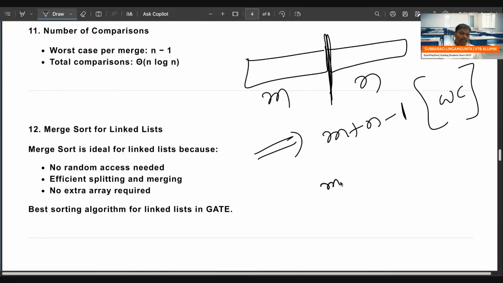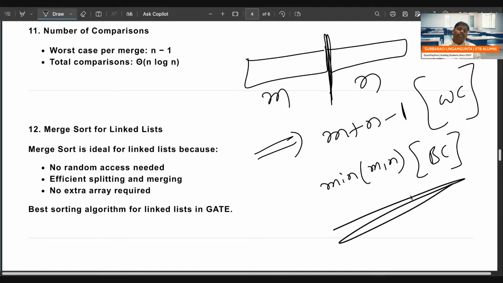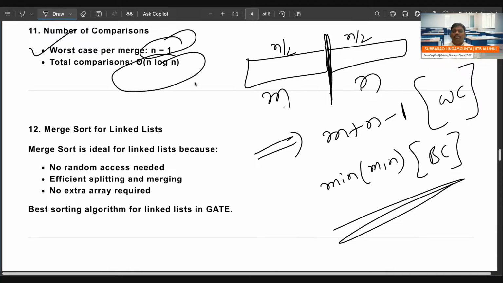Best case is minimum of m comma n. If it is n by 2 and n by 2, then n by 2 plus n by 2 minus 1 means n minus 1. So total comparisons are n log n. That is the reason time complexity became n log n.